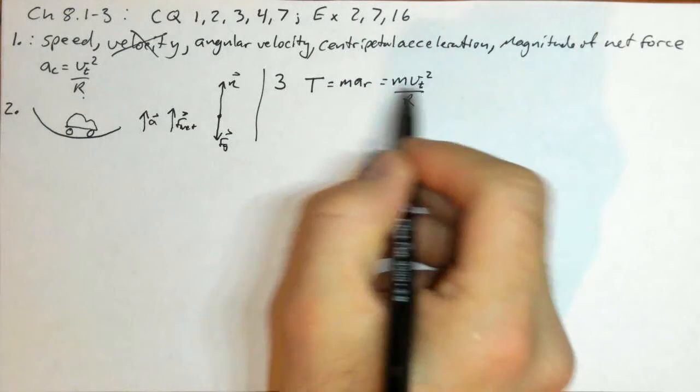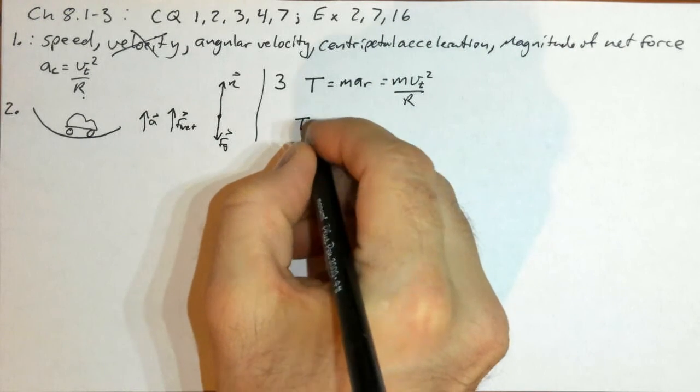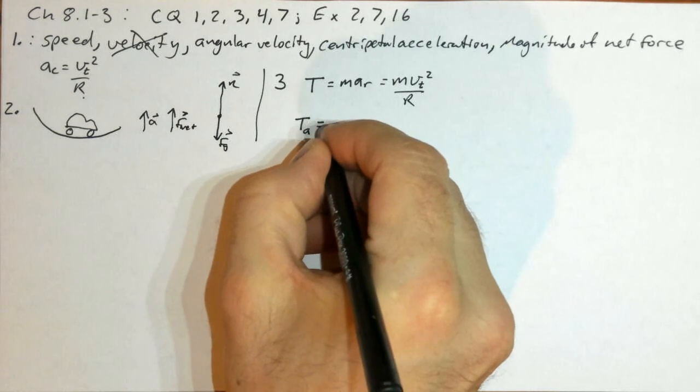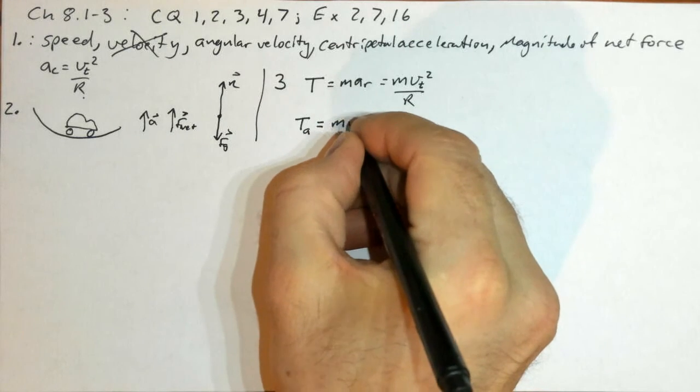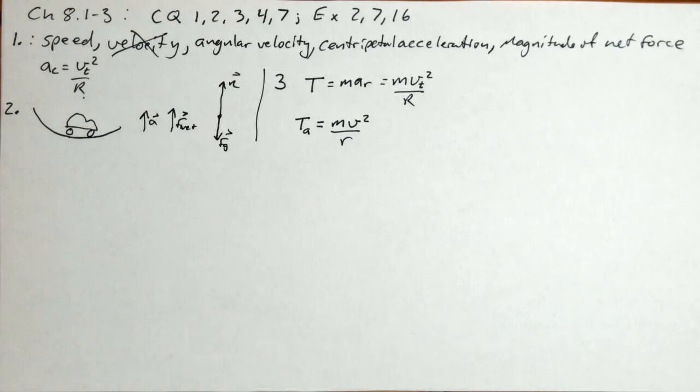So the tension is proportional to these. In the given variables for the problem, TA is going to be equal to m, and then they use v squared over little r. Those are the variables given in the problem.